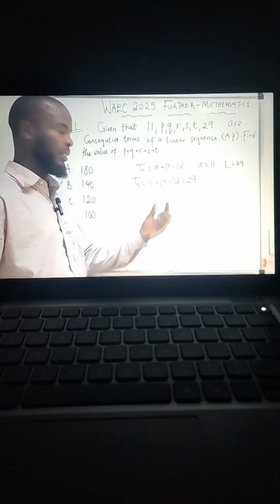So here, you can say T7 equals a, which is 11, plus n, which is 7, minus 1, d equals to what? 29. Now we have the seventh term to be 29. This is what this is saying.